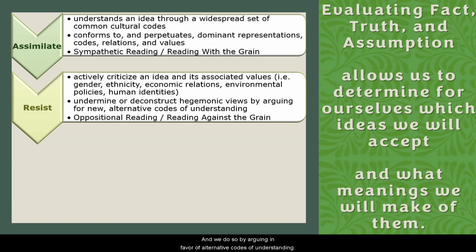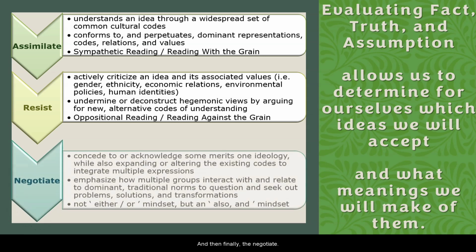And we do so by arguing in favor of alternative codes of understanding. So we don't just dismantle something that we reject, we recreate that context in a way that serves us and serves our value structures. We might have heard of this not just as disagree or reject, but the oppositional reading or reading against the grain, taking a skeptical and antagonistic stance toward the ideas that we're encountering.